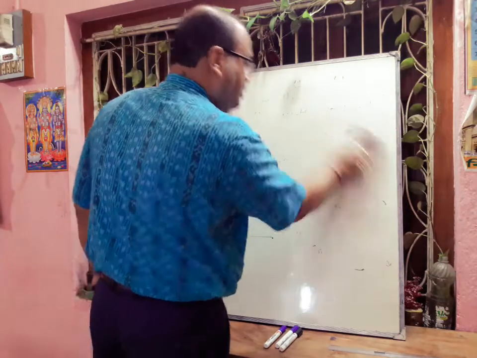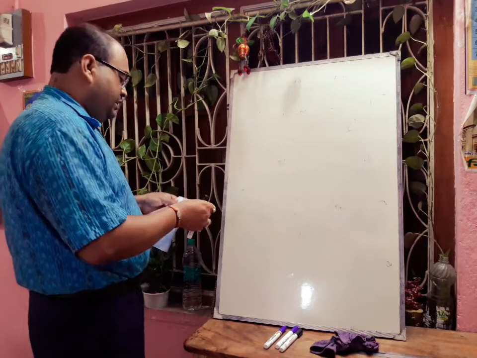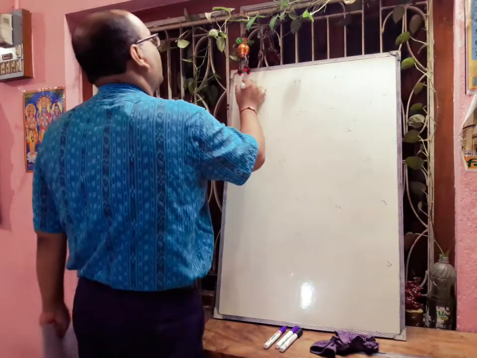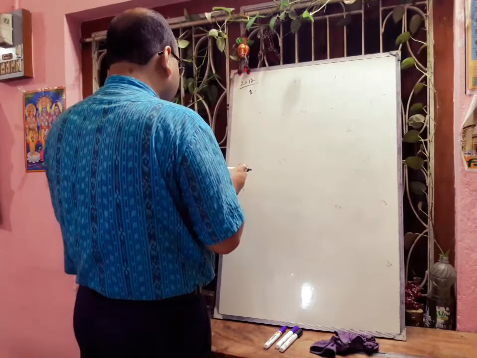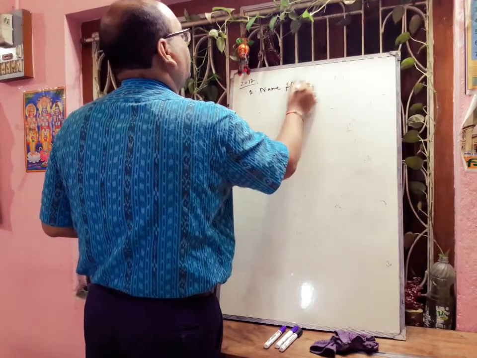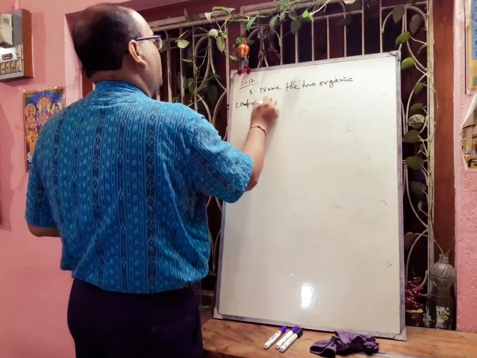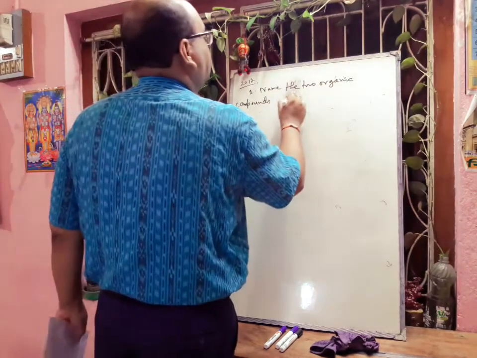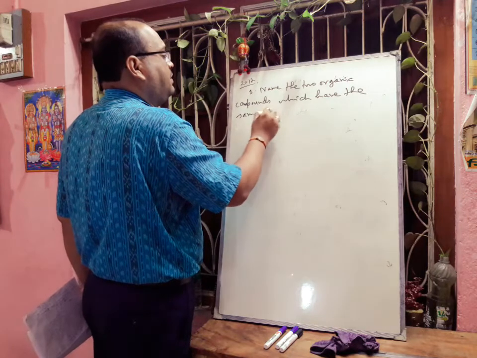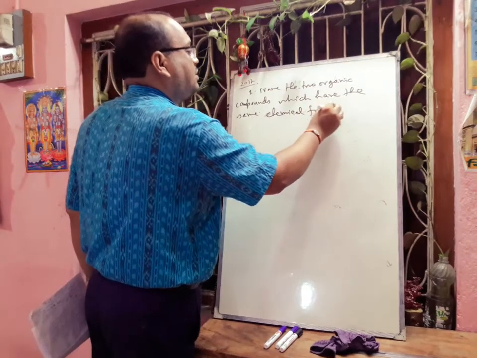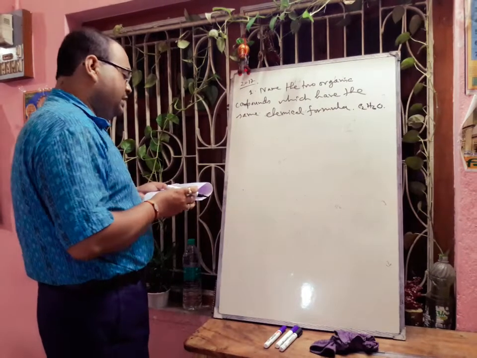Next we will discuss 2017. In 2017, the first question was: name the two organic compounds which have the same chemical formula, meaning isomers, with the formula C2H6O.